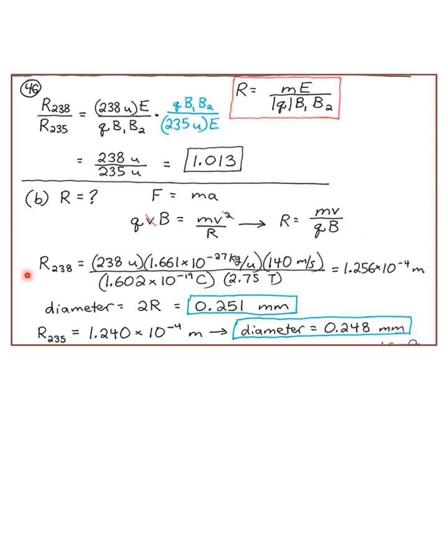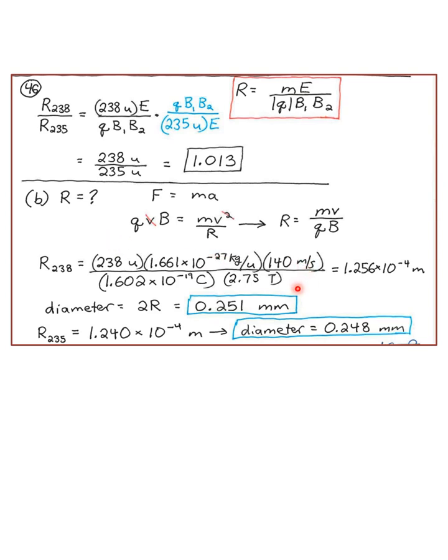The radius of the 238, we can plug in all these values. We have 238 atomic mass units. We need that in MKS units, so let's convert it to 1.661 times 10 to the negative 27 kilograms per u. And we've got the speed, we've got the charge.